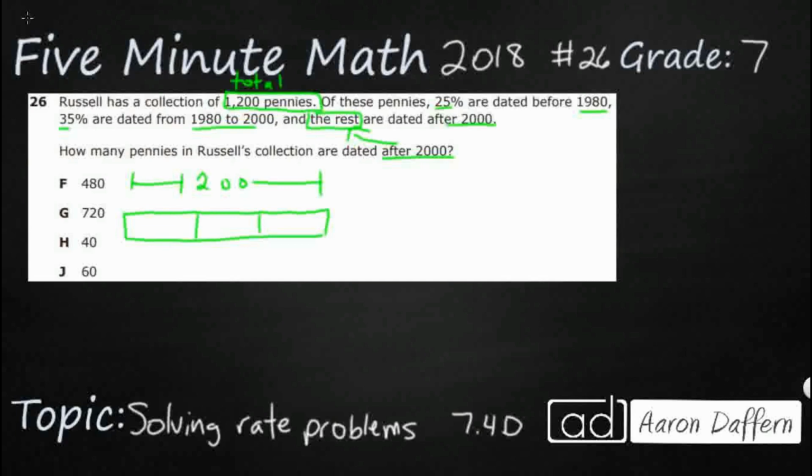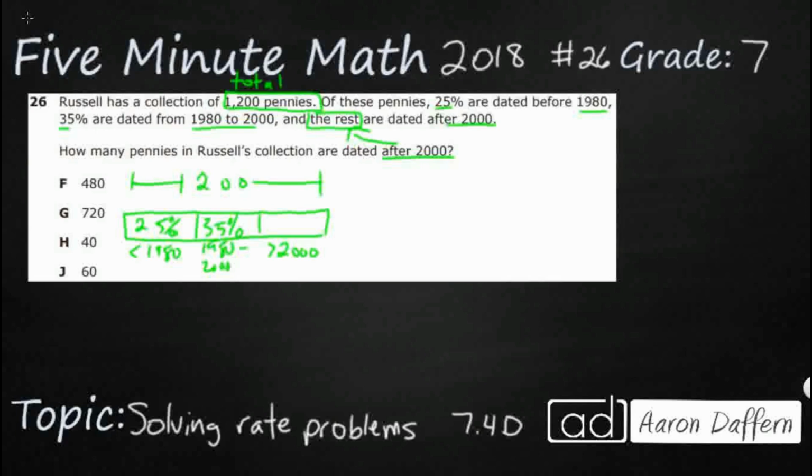So we've got 25%, and that is going to be before 1980. And then we've got 35%, which is 1980 to 2000. And then we've got this unknown number, that is going to be after 2000.